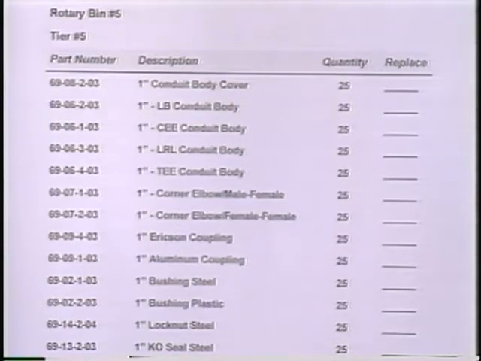And on the left-hand column, we have the part numbers, we have the description moving to the right, and then we have the actual quantity that is going to be stored originally, and we're going to use that same quantity as the replenishment quantity. Now, that right-hand column, all it requires is a check mark or some type of notation, a star, in terms of the part number that has to be replaced.